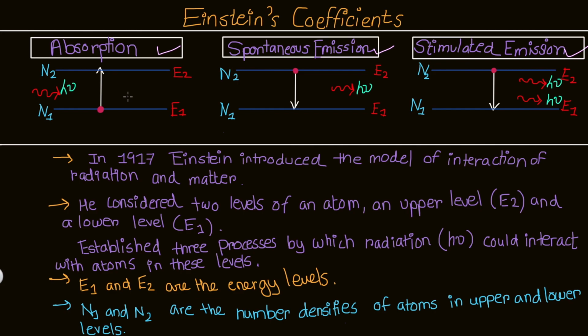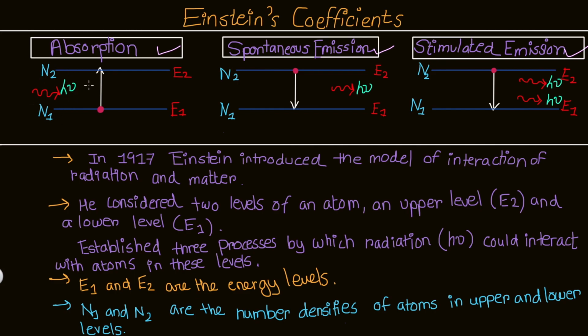So absorption, what it is, basically, electromagnetic radiation comes in, h nu, which is the energy of a photon. So radiation, tiny packets of energy. That energy is Planck's constant, and nu, which is the frequency.